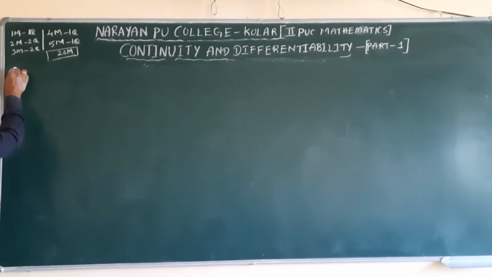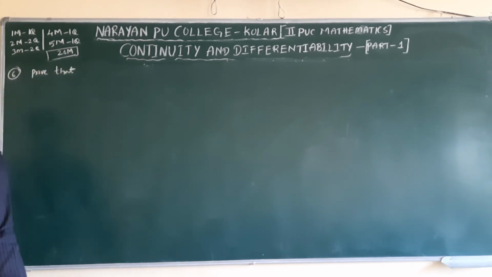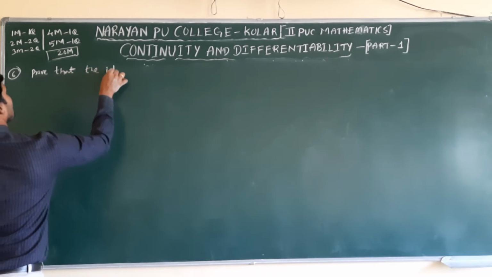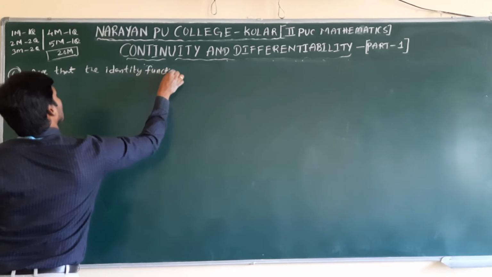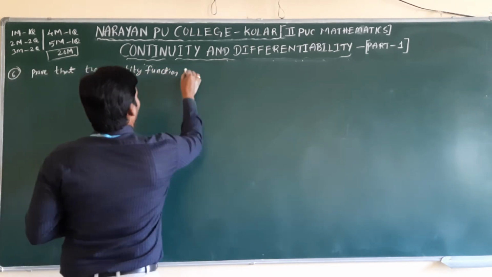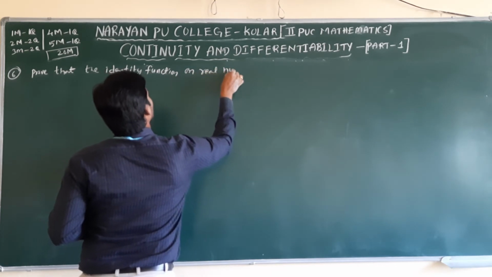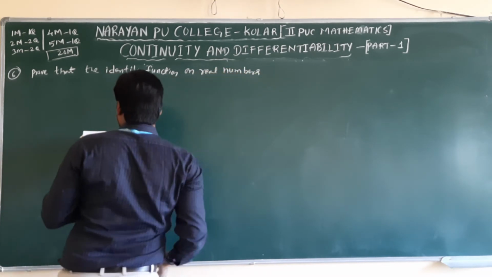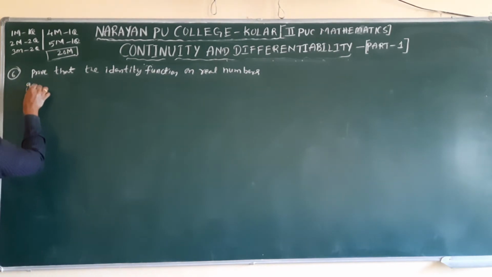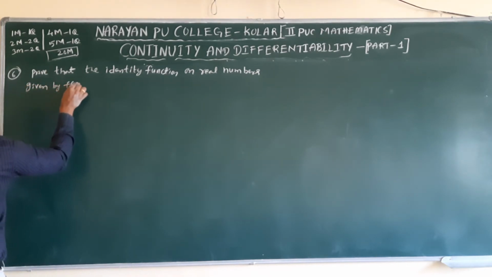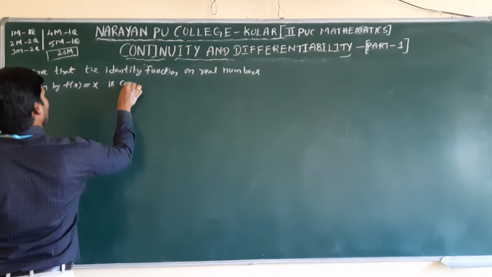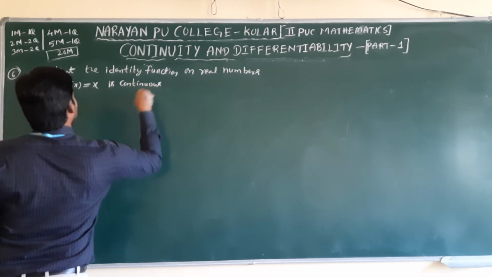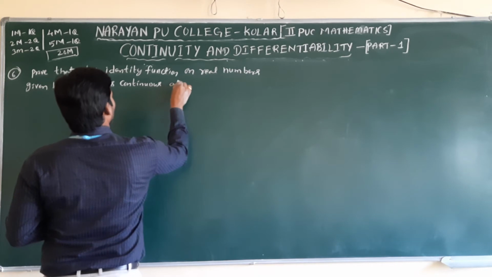Next, sixth one. Prove that the identity function on real numbers given by f of x equal to x is continuous at every real number.